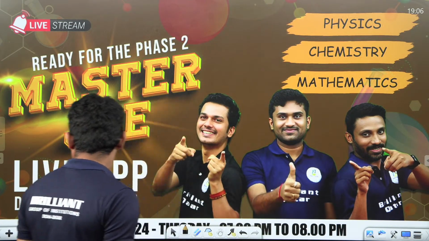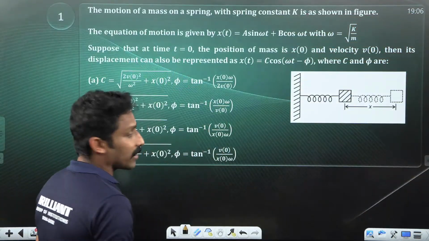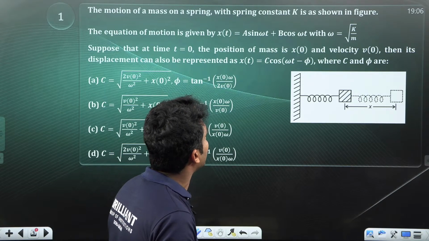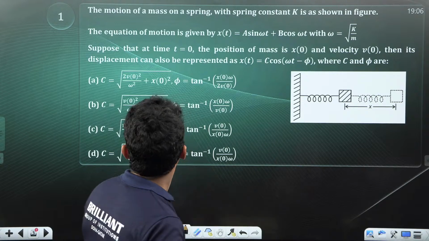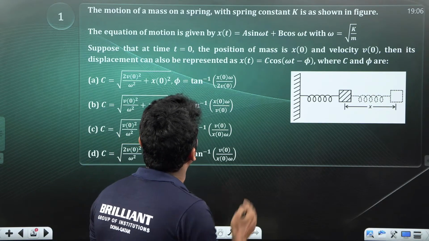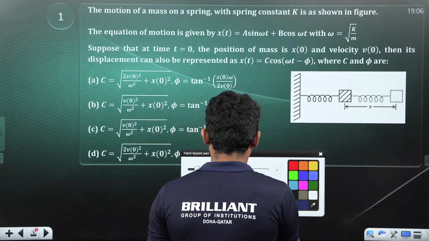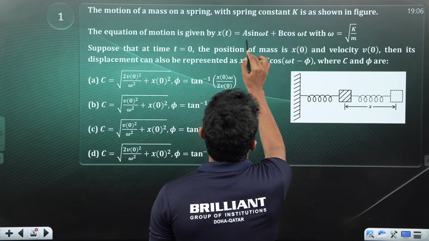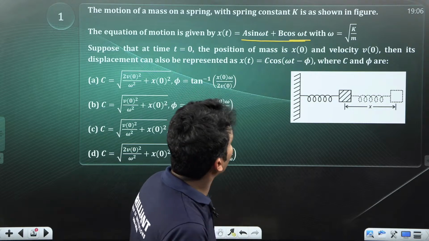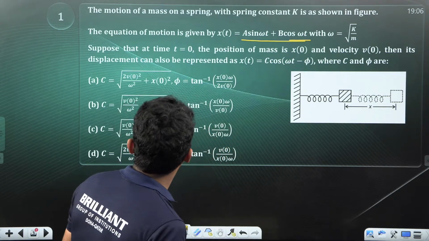The first question is: the motion of a mass on a spring with spring constant k is as shown in the figure. The equation of motion is given by x(t) = a sin ωt + b cos ωt, with ω = √(k/m).